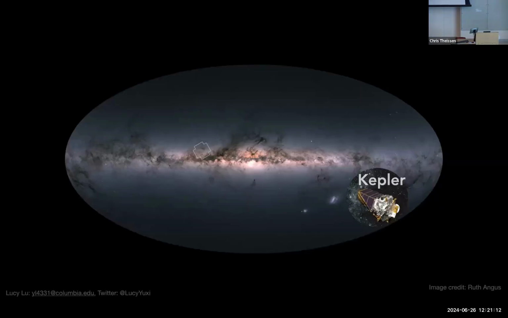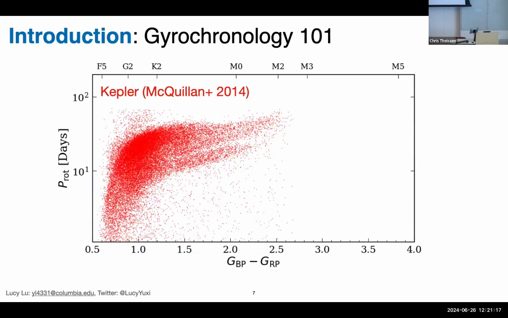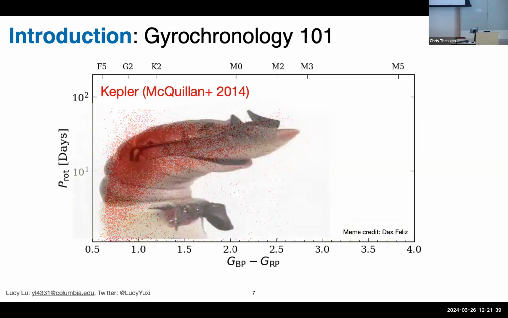What really revolutionized gyrochronology is Kepler, which provided tens of thousands of rotation period measurements. I'm going to show these plots over and over again. On the x-axis, I'll show color or temperature, and on the y-axis, rotation periods. If you look at this rotation period distribution and think it looks familiar, that's because it does look like Mr. Earthworm, thanks to Dax.